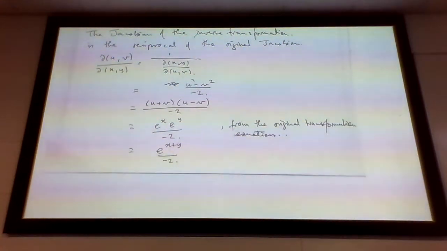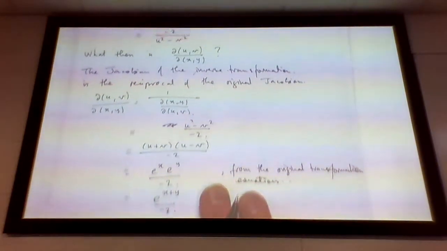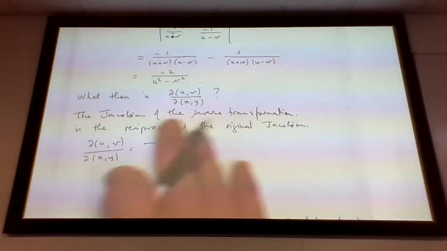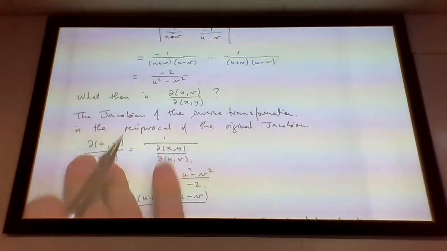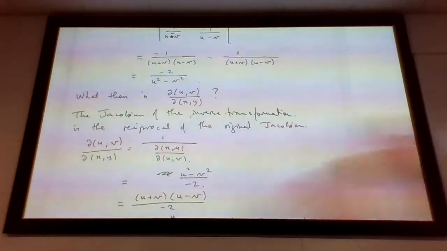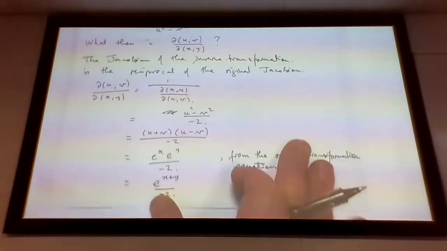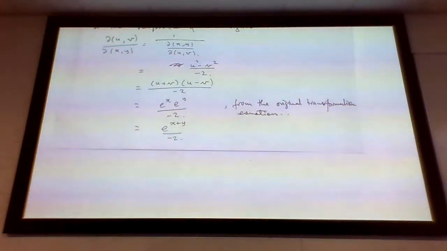So do be on the lookout for where you can put in little explanations, and think that all the time you're trying to demonstrate your knowledge of the things. Wherever there's a key step, such as talking about what the Jacobian of the opposite transformation would be, just spell it out and make it clear that you understand what's going on.